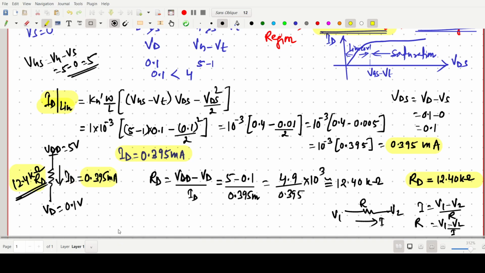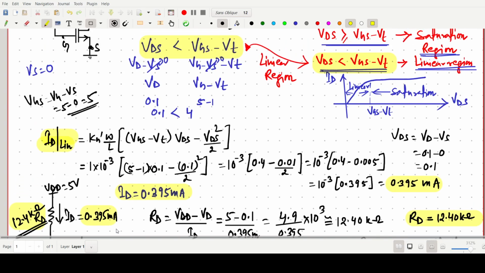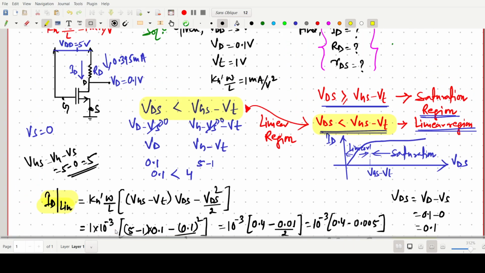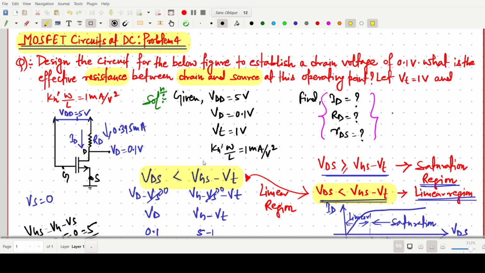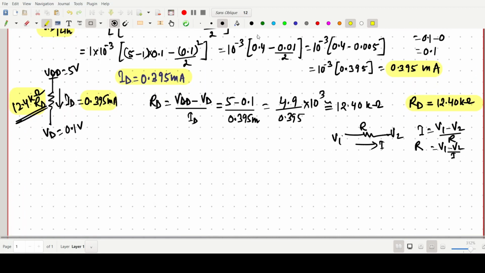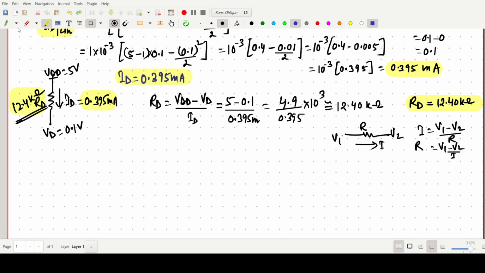Okay, now next, one more thing the question is asking about is the value of RDS, this drain to source resistance. So for this RDS value, what we will do, I have to select pencil.